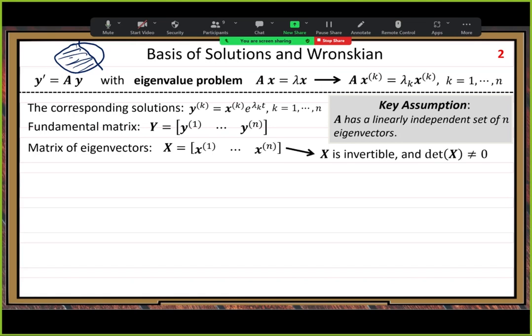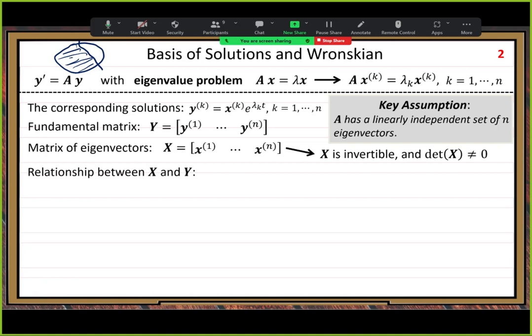It is invertible. The invertible property is very important because we can take the inverse. So we like invertible. And determinant not equal to 0 is another way to say invertible. If X is invertible, then its determinant is non-zero. The other way around, if the determinant is non-zero, then it's invertible. These two conditions are equivalent.